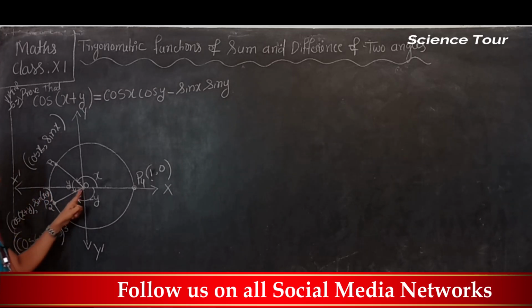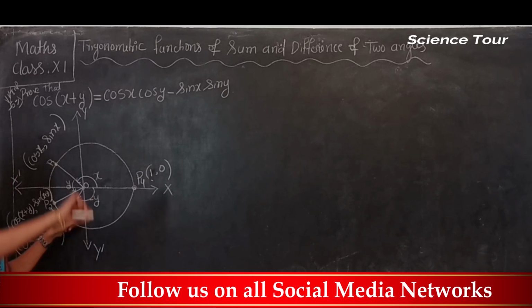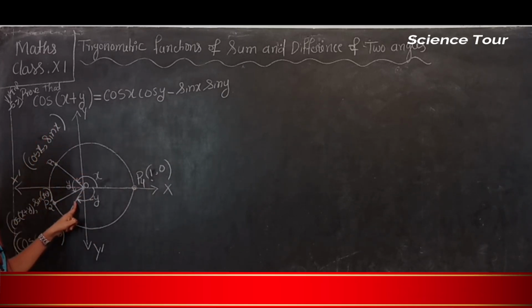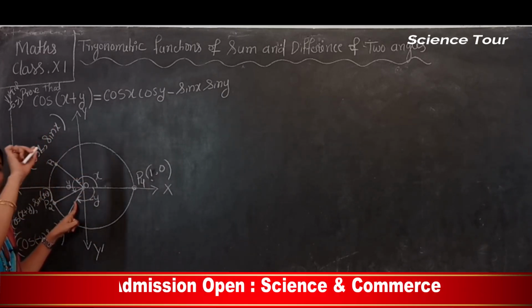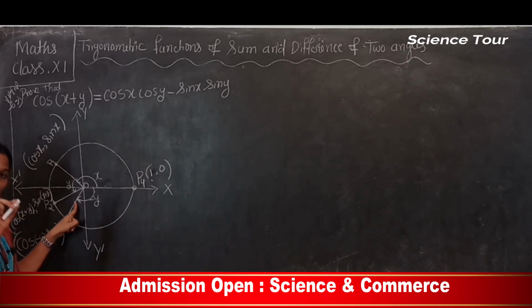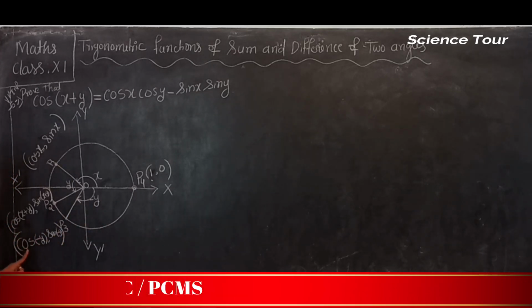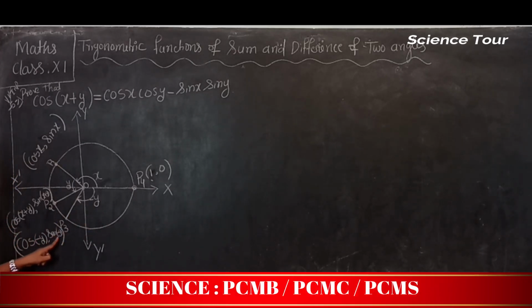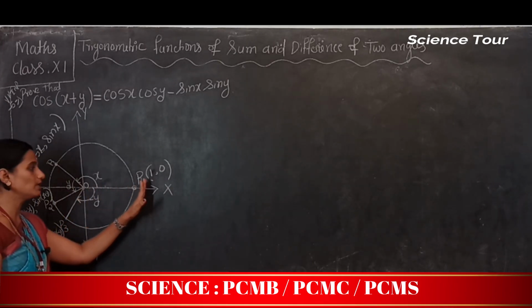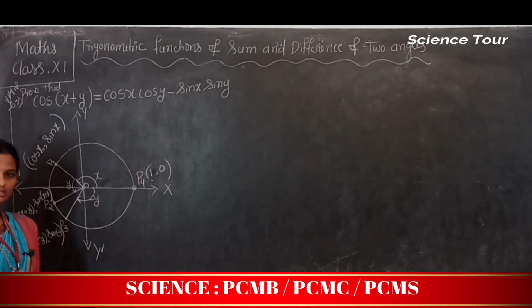Next the third point P3, the angle is in the reverse direction, that is clockwise. As you know, if the angle is in the clockwise direction, the angle is negative, so it is minus y. So your coordinate is cos of minus y comma sin of minus y. And the fourth point is P4, that is 1 comma 0.